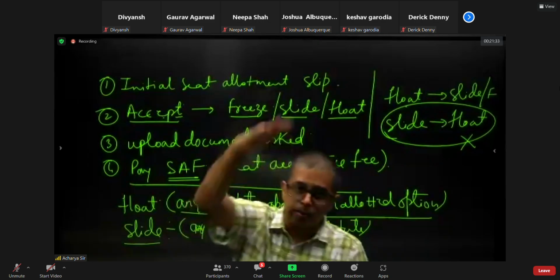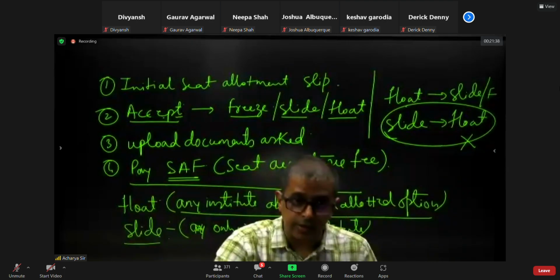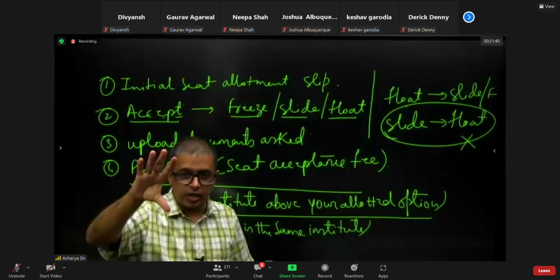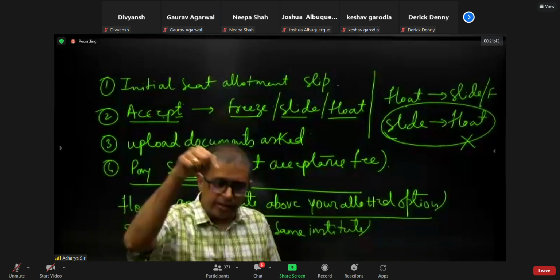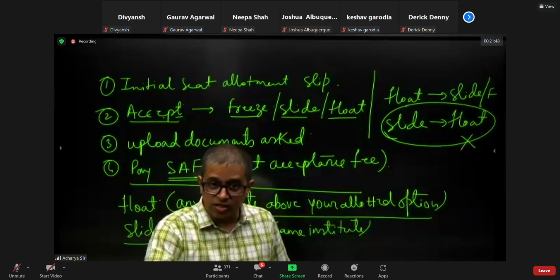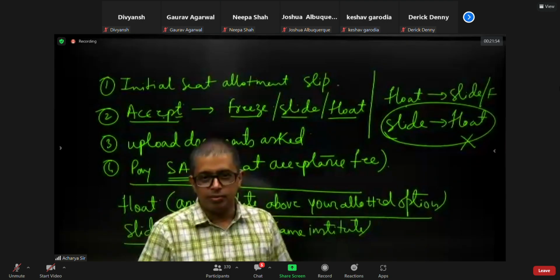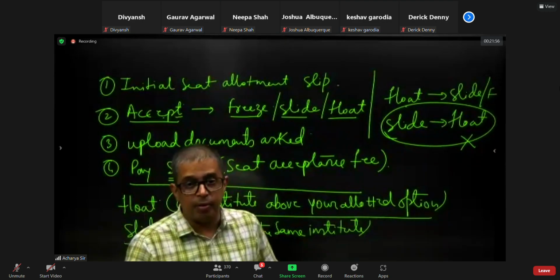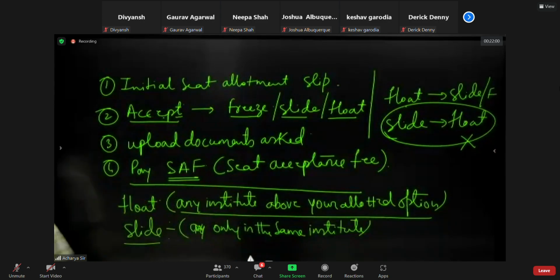I can move above to any of the first 14 options, if I select slide, only those options which are there in the same institute. After you select slide, there's only one option for you, freeze. You cannot come back to float. This is something that you will keep in mind while selecting the options after the first round.